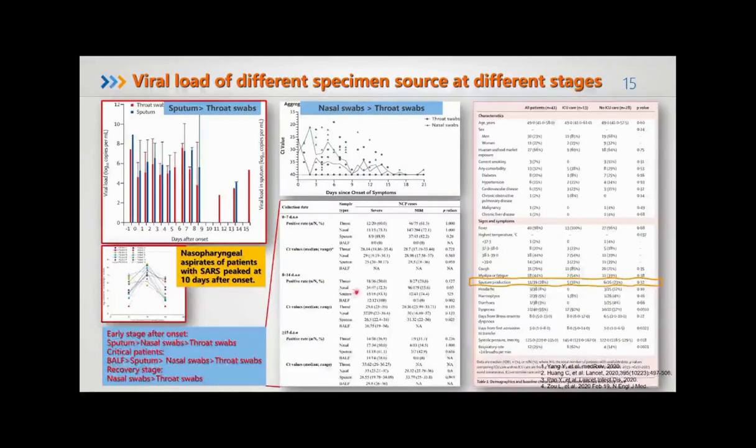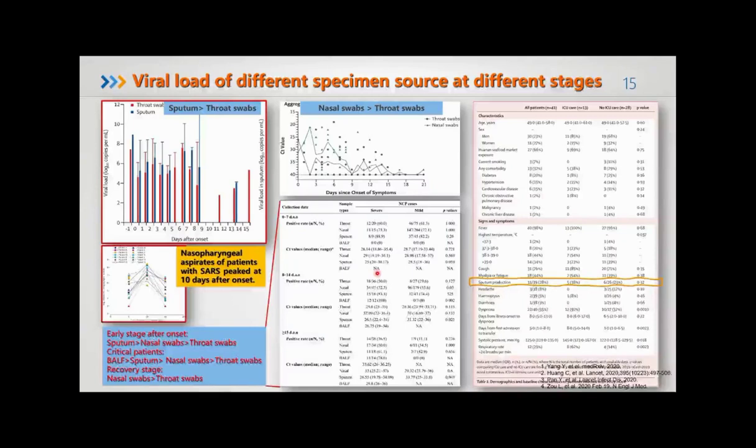Yang also collected different types of specimens from 2019 novel coronavirus confirmed cases, and those cases were divided into 3 groups based on the collection time, including 0 to 7 days after onset, 8 to 14 days after onset, and the longer time, 15 days after onset groups.